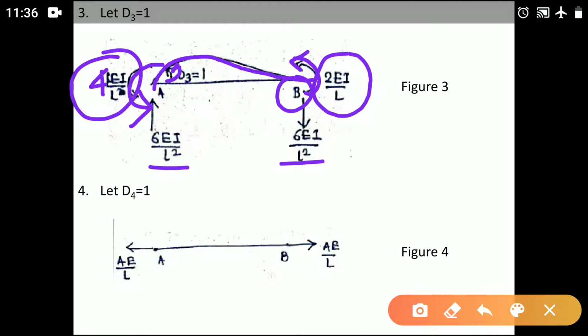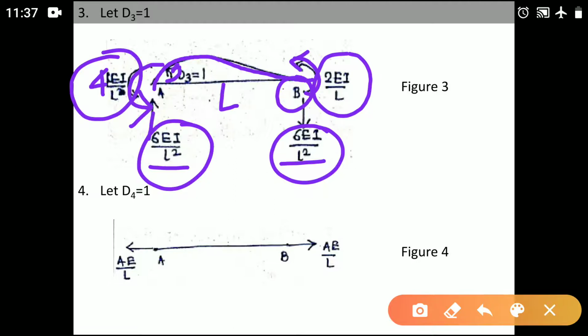Magnitude of reaction is the addition of moments, 4 EI upon L plus 2 EI upon L, 6 EI upon L, divided by the span of the beam, so that becomes 6 EI upon L square at each end. And the direction of reaction is decided this way: both moments at the two ends are in anti-clockwise direction, so to balance this anti-clockwise couple, the reaction should form a clockwise couple.